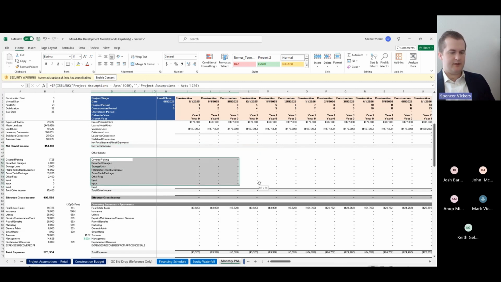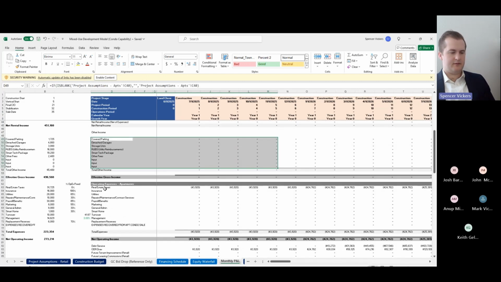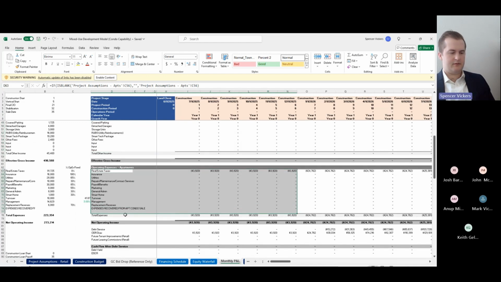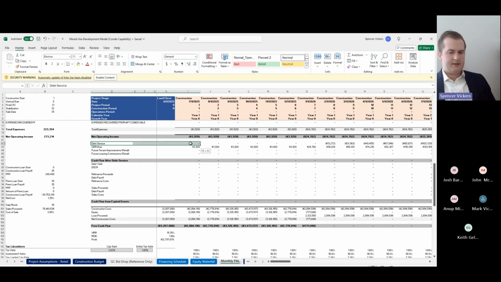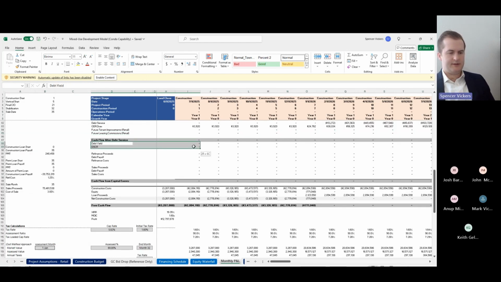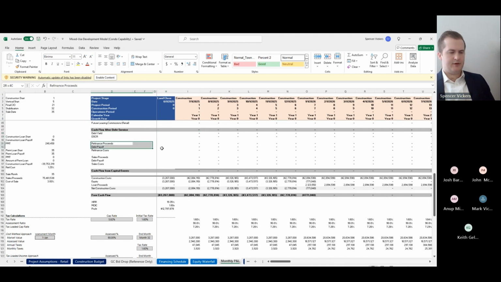Then you've got other income items flowing through, and then your operating expenses flowing through, debt service and operating deficit reserve draw, future tenant improvements for the retail, future leasing commissions for the retail. These are some lender metrics, debt yield and DSCR, refinance information, sales proceeds and disposition information.